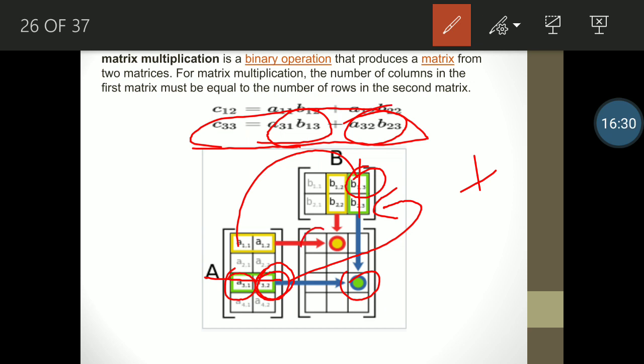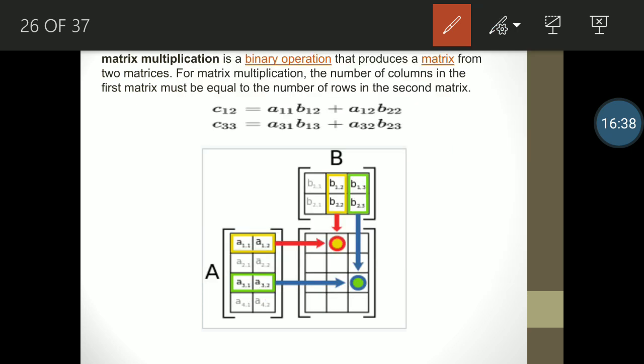Similarly, we can calculate all these numbers and get the final calculation of our matrix.